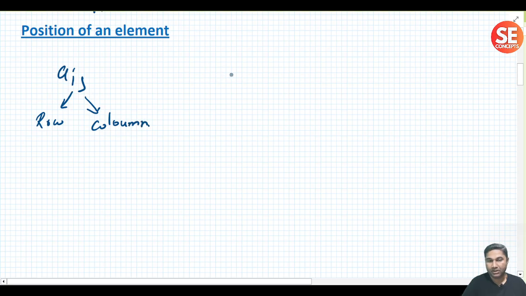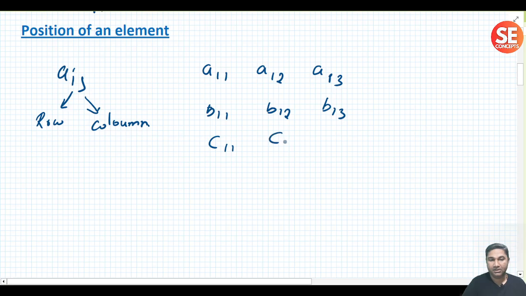So how will we write the position? A11, A12, A13. Next it is B11, B12, B13. If it is C, C11, C12, C13.